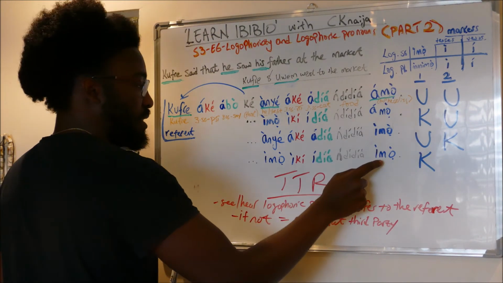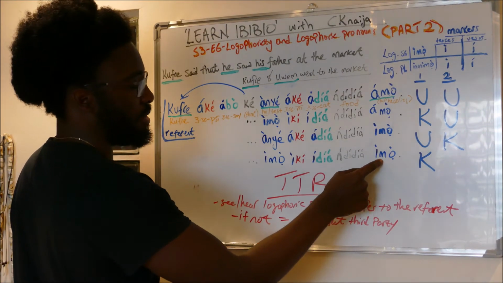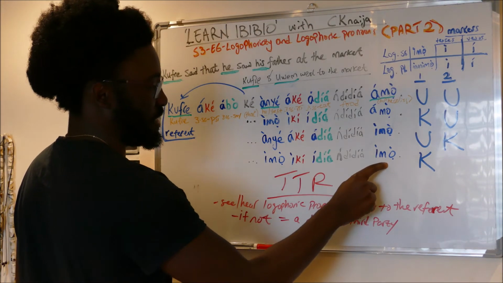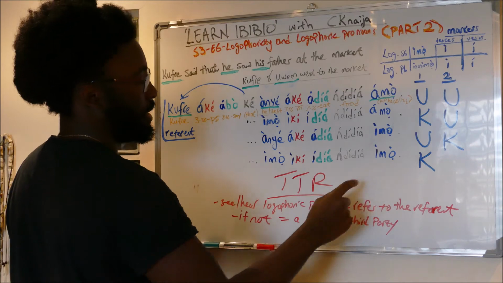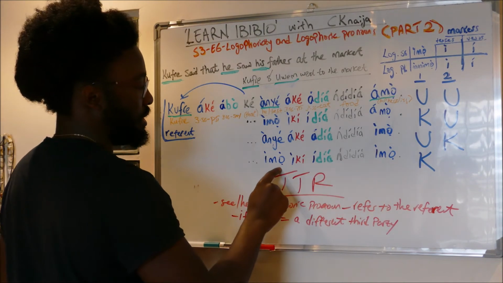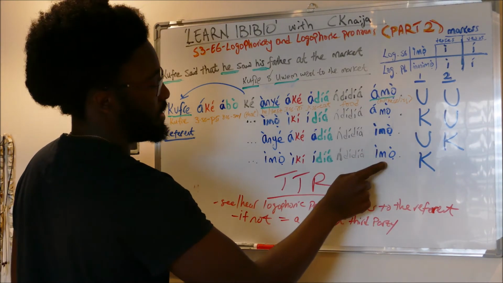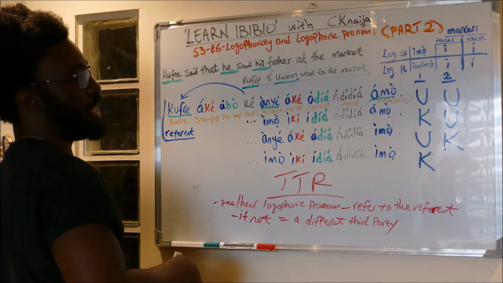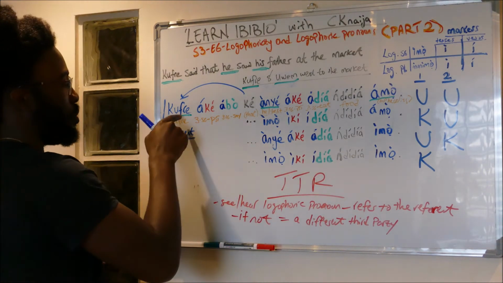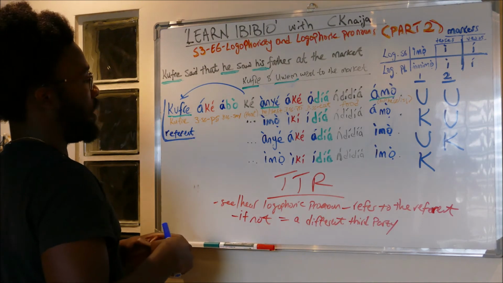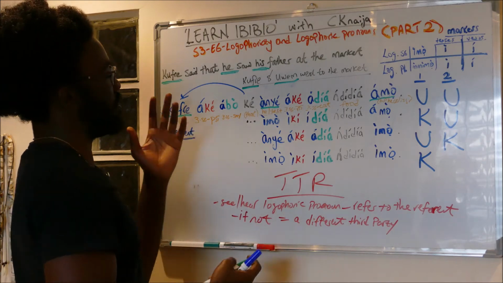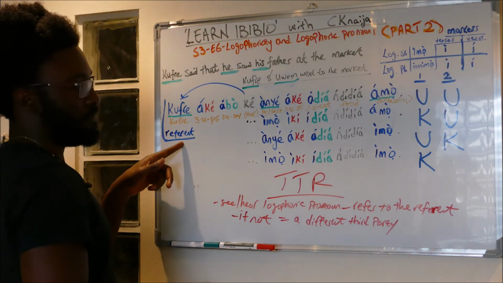So again, we see another logophoric possessive adjective, imo. So imo, we see it twice here. We do the same thing we did here. We refer back to the referent. Again, this is the person whose thoughts, feelings, or ideas are being shared. I'm telling you what Kufre said, so I'm sharing Kufre's ideas. So Kufre is the referent.